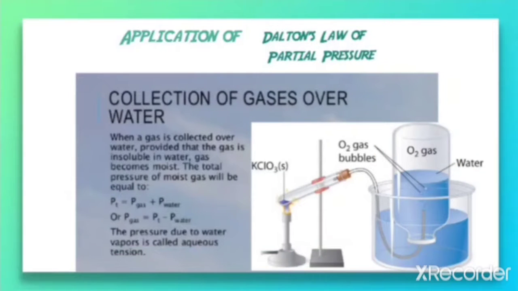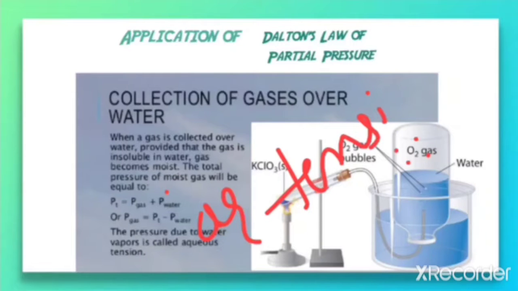Here P water is the pressure due to the water vapors which are collected here. That is commonly called aqueous tension.